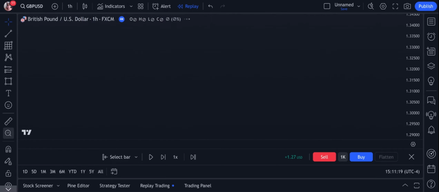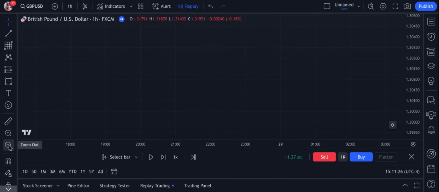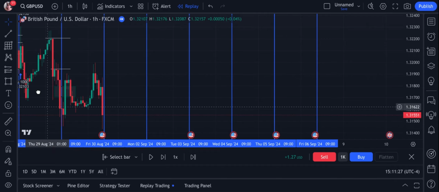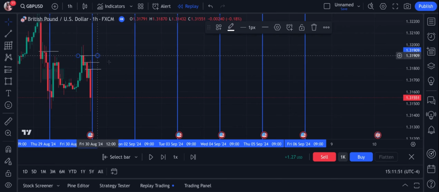So we're looking for price to sweep highs. Any of these highs here can get swept. And price is bearish on the 1 hour as well, so that's perfect. So we just go down to the 5 minute.